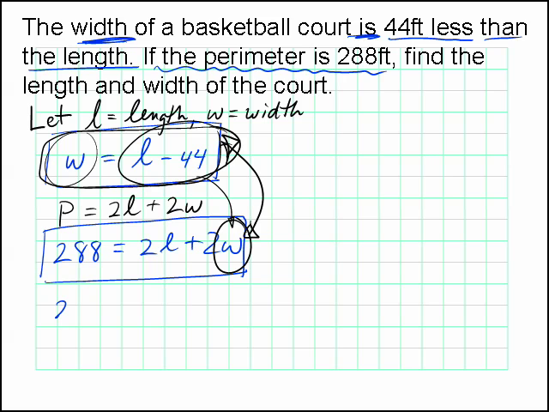If I do that, I have 288 equals 2L plus 2W, but remember I am replacing this W with what it's equal to up here, L minus 44.